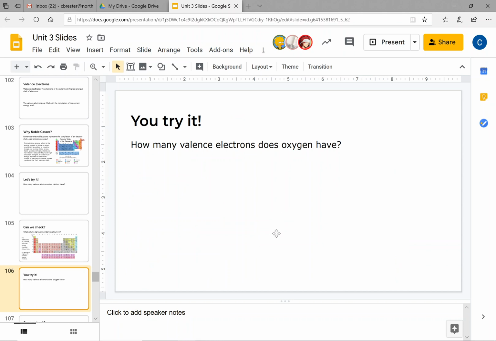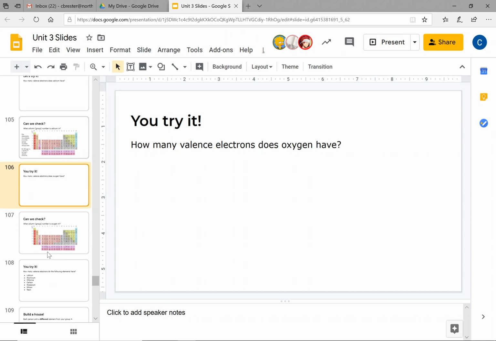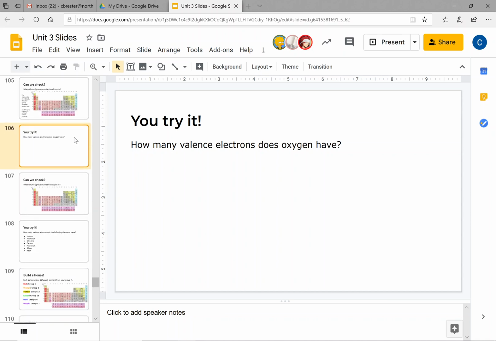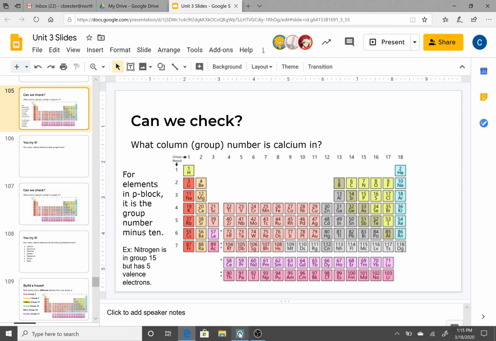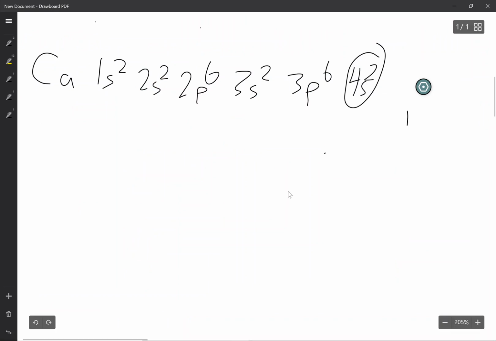How many valence electrons does oxygen have? Try this one out for me. Okay, again, you can look at the periodic table really quickly, and you can see we have 16 as the group number, so we should have 6 for oxygen, but we're going to try it out here really quick.